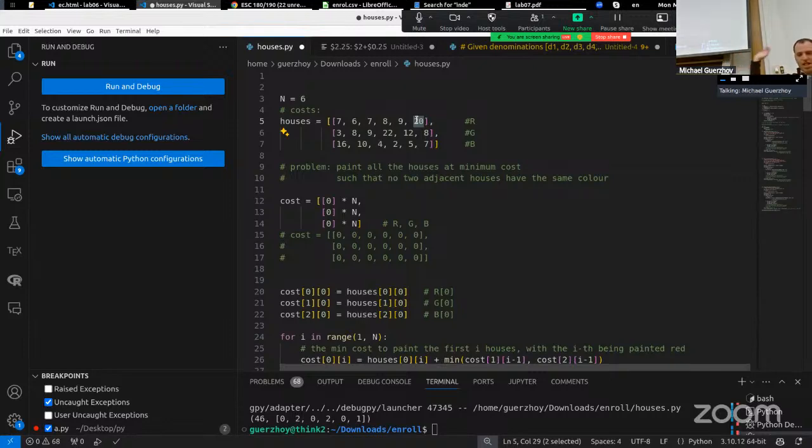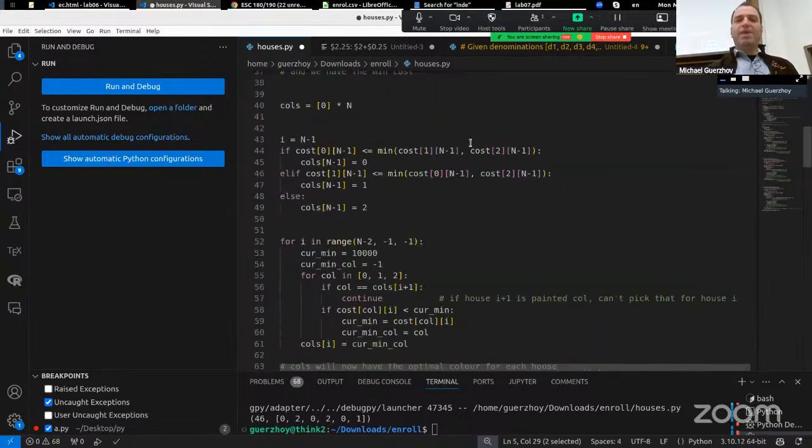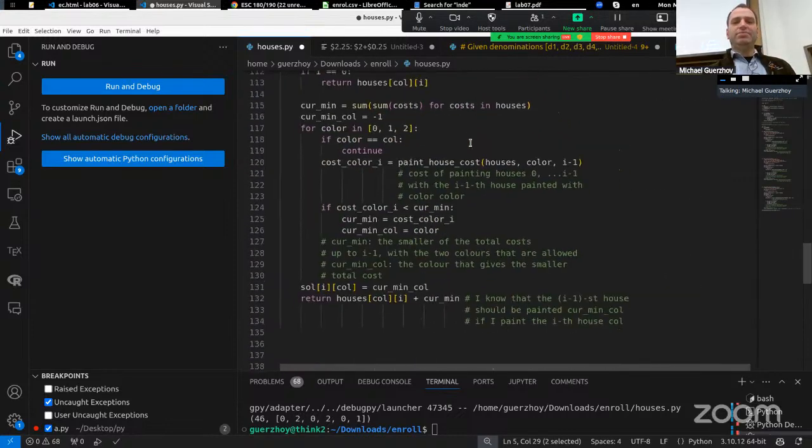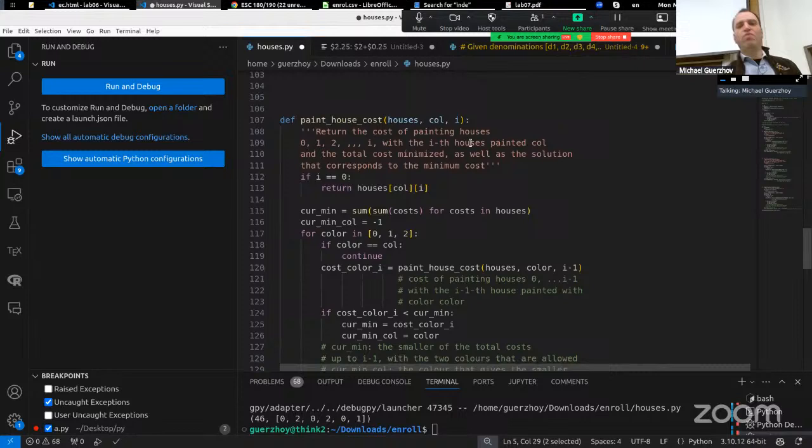Questions? Okay. All right. So now I have my recursive function that I'm writing, where so far I just changed the doc string, where I want to give it houses. Houses would be the cost, all the costs.